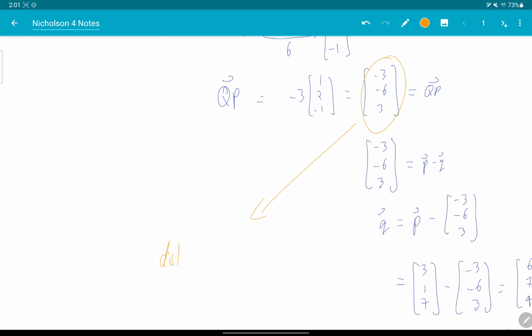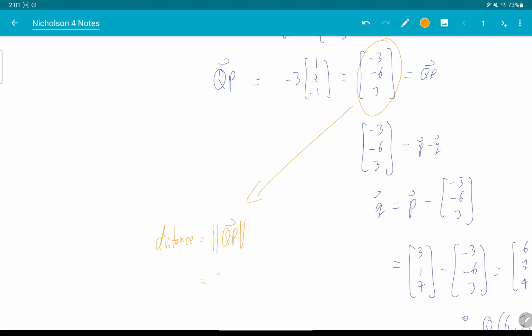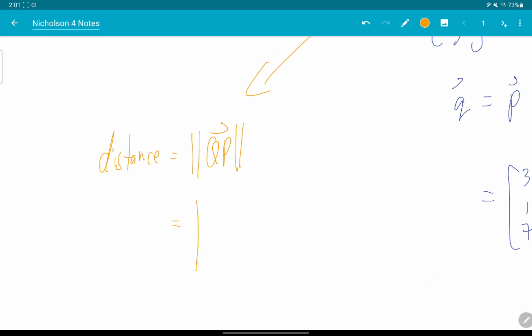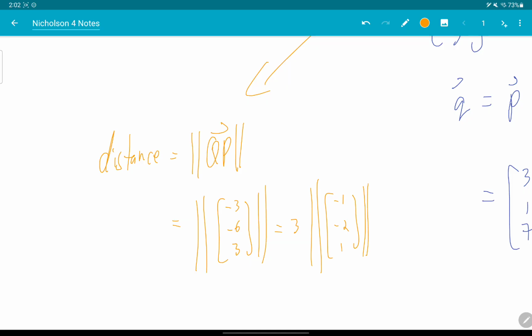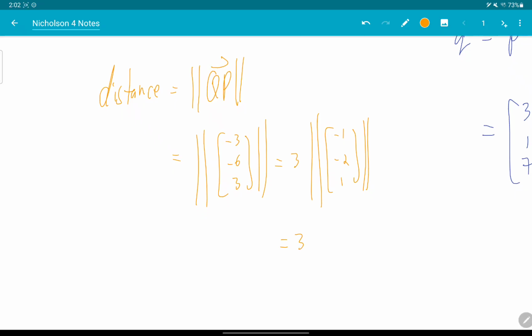So the distance is the length of QP, which is the length of minus 3, minus 6, 3. I factor out a 3 to make my life easy, easy, easy. 3, and that's root 1 plus 4 plus 1. That's 3 root 6 is my distance.